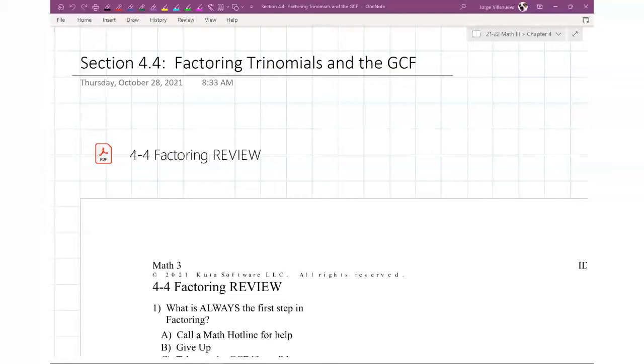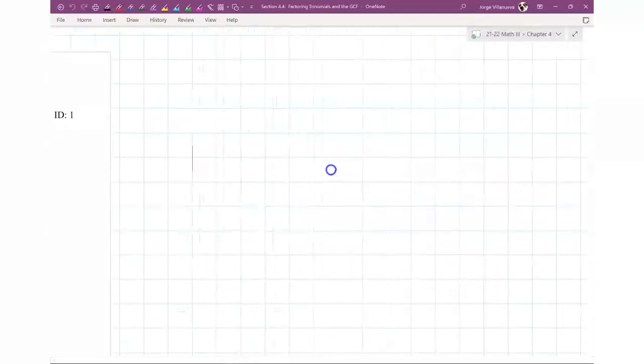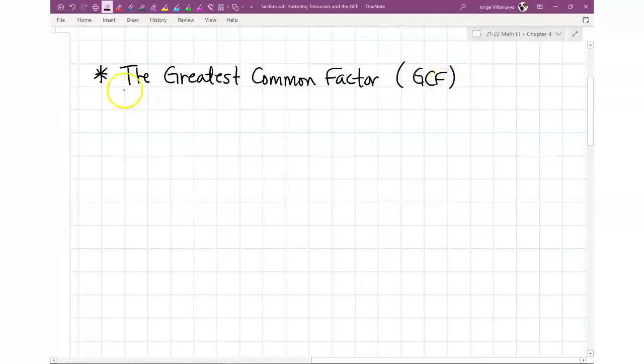But before that, we're going to talk about the GCF, okay? Because sometimes when you're factoring, it's best to figure out what do they have in common and remove it. That way you make your problems easier to do. So let's discuss the greatest common factor. Okay, that's what they call the GCF.